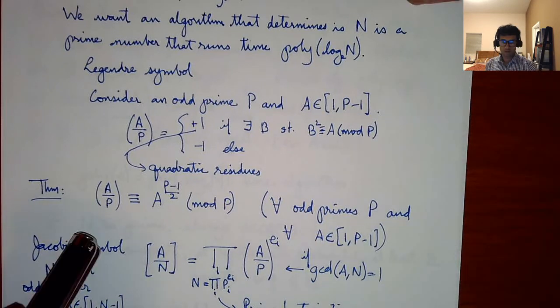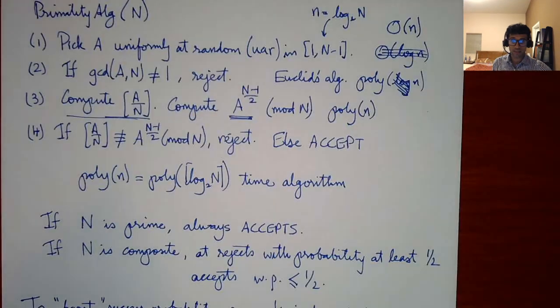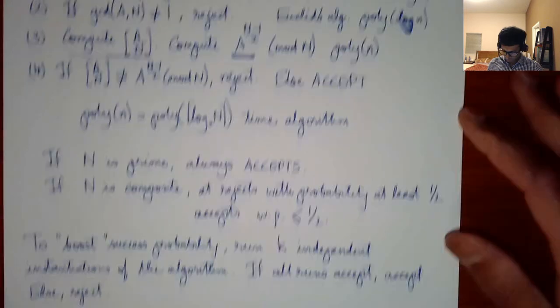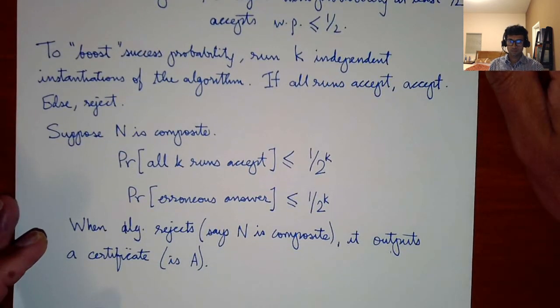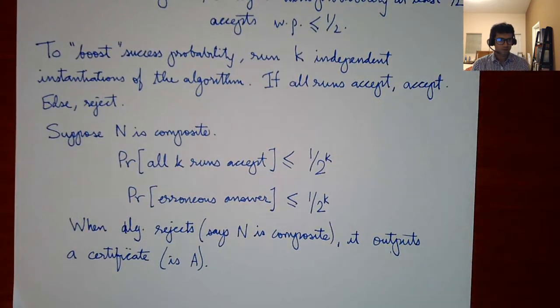And therefore, when the algorithm rejects, it actually provides a certificate of rejection. It outputs a certificate. So this is looking like co-NP in that sense.